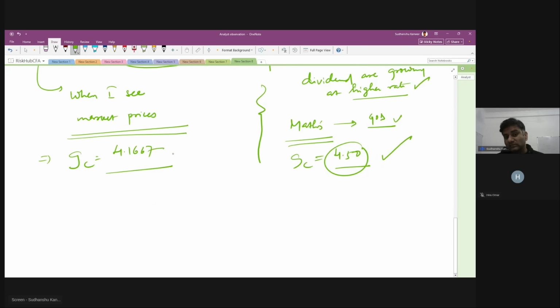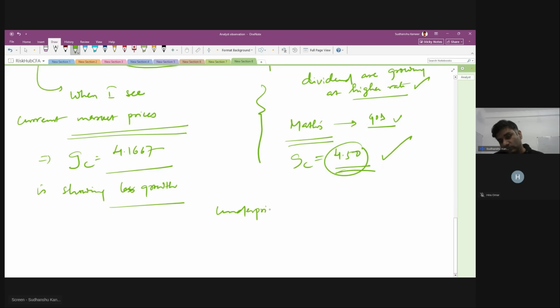Current market prices are not showing the true growth, which means people are not realizing the true potential of Nifty 50. True potential is 4.50, so it is underpriced.